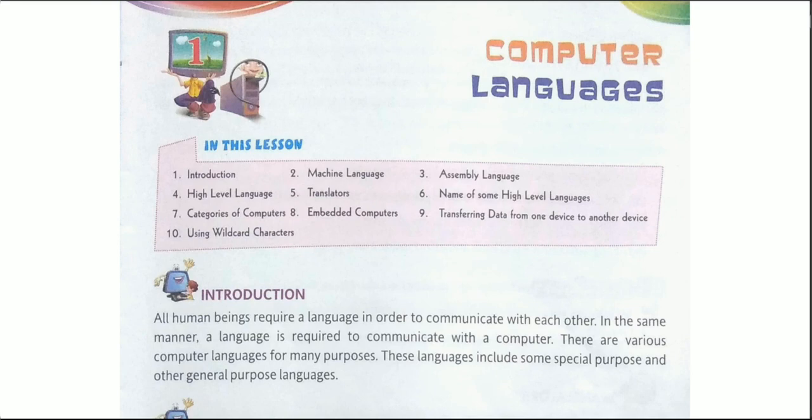From your class 6, we are going to start our languages. In further classes, when you are moving towards 7th class and 8th class and beyond, we are going to learn about these languages in depth. So coming back to the languages, over here we are dealing with computer languages.